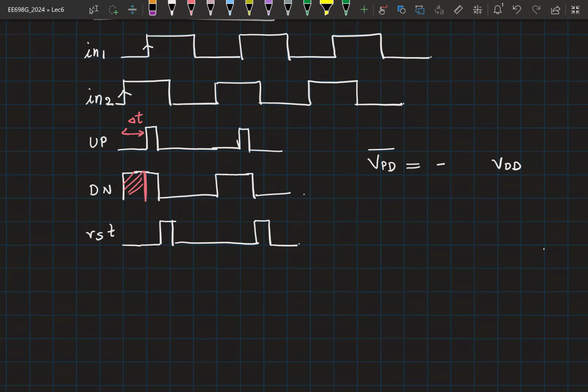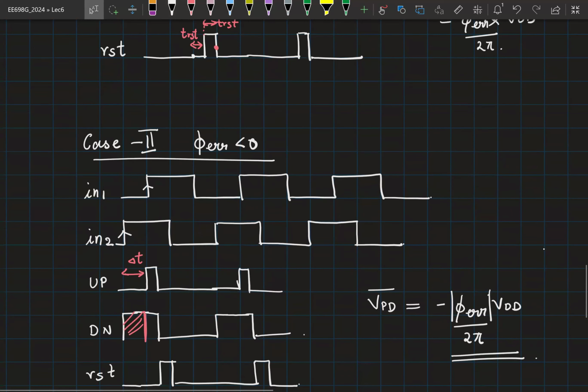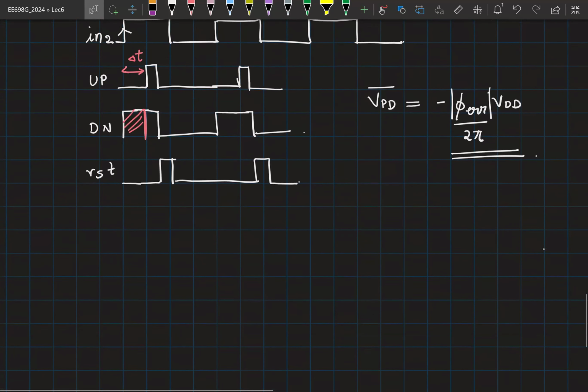Delta T by T naught, you can replace it as phase error by 2 pi. But your phase error is negative. You have already accounted for that negative by putting the negative sign here. So to be correct, we put a mod sign around phase error. This is okay?